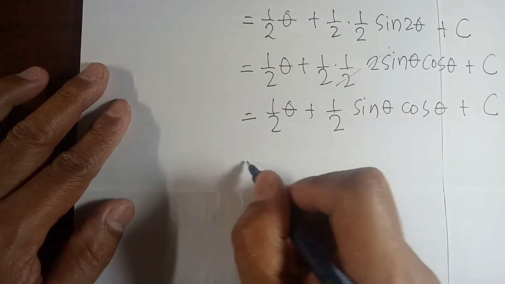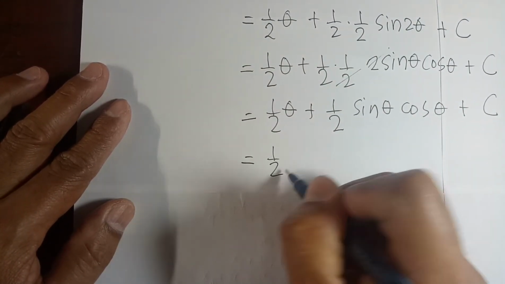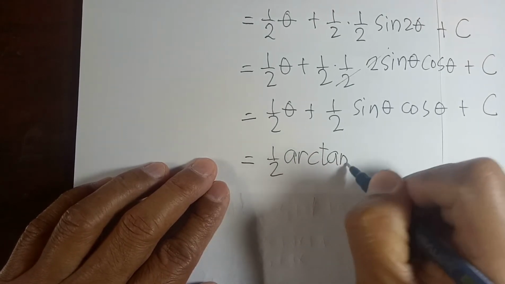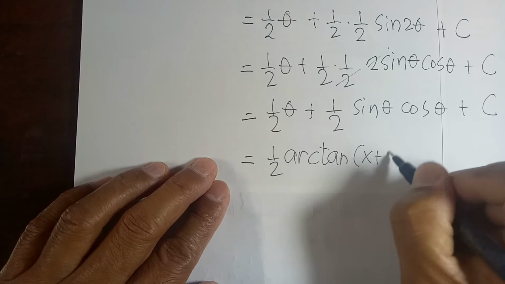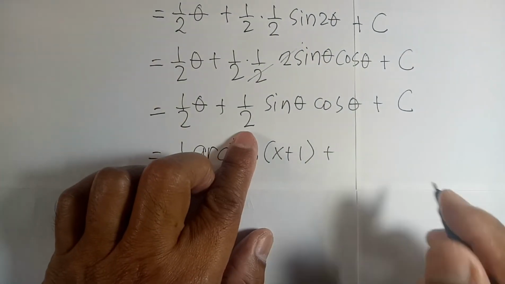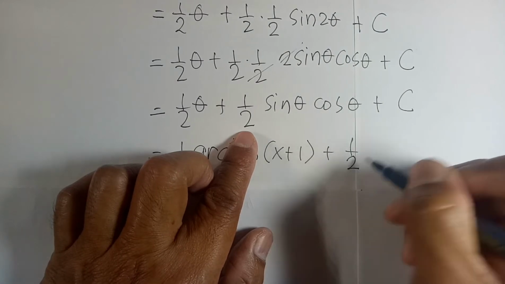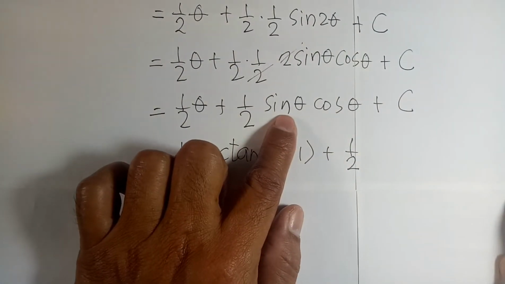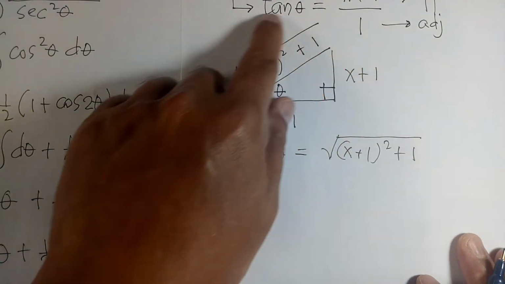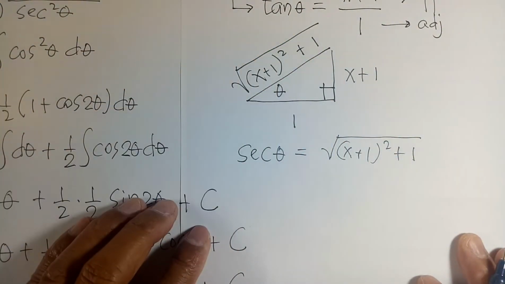So, magkakaroon tayo ng 1/2. Tapos, arctangent of x plus 1. Tapos, meron tayong 1/2. Okay. Sin theta. Ano ba yung sin theta? So, dito natin kukunin sa right triangle yung sin theta.